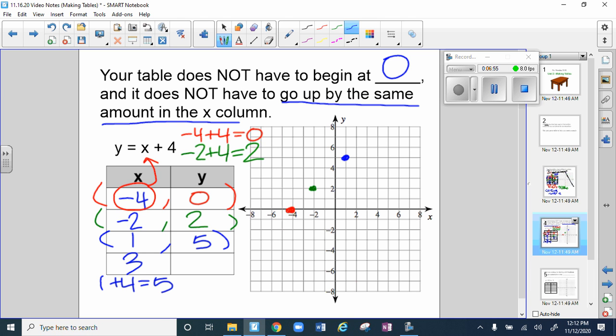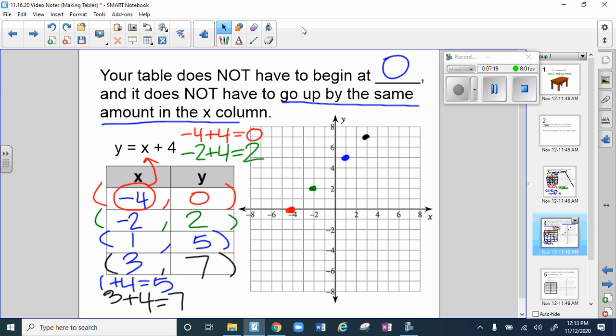Right there. And then my last one that I have in my table is when x is equal to 3. So I'll have 3 plus 4, which equals 7. So 3, 7 is another solution, another point on my line.